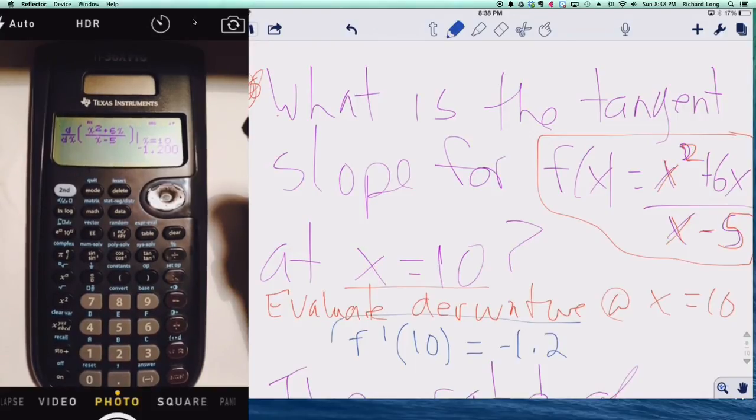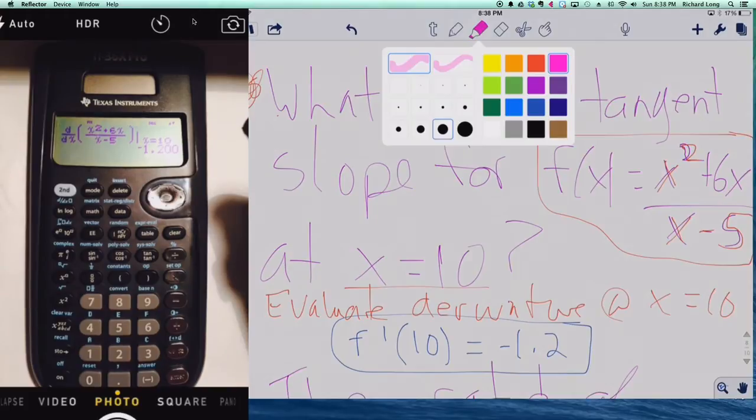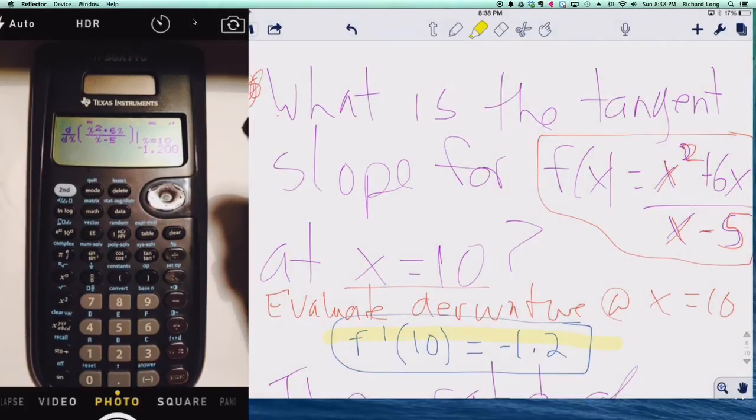So it's a fairly flat slope at 10 of negative 1.2. And then I could figure out the y value at 10 if I wanted, and get the equation of the tangent.